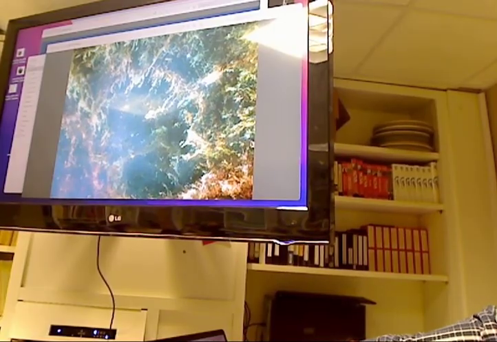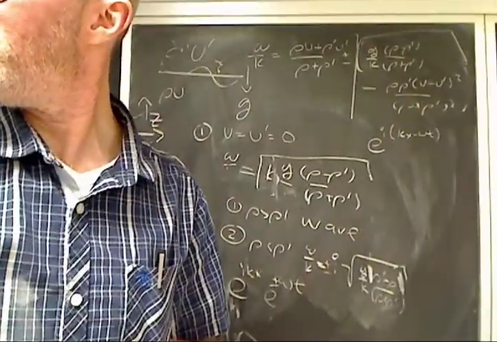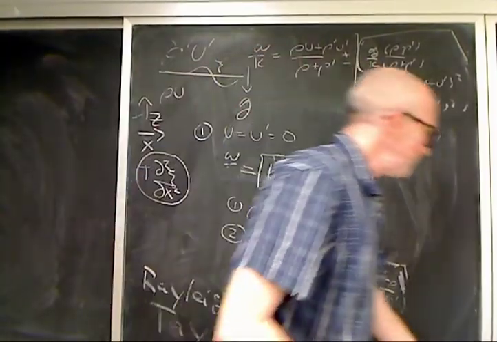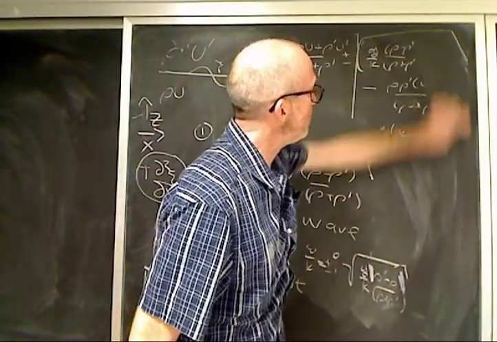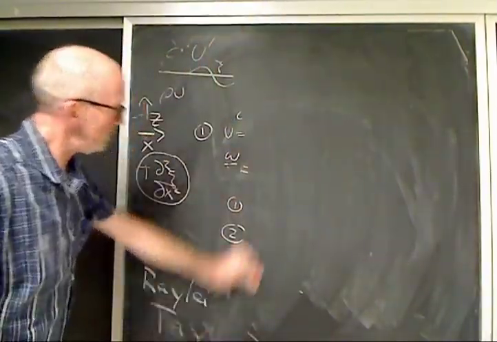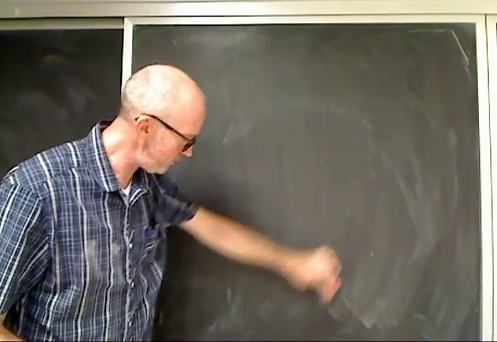Okay, now I'm going to do Jeans. And I ran it a little longer than I intended to. But now I only got 20 minutes. So, Jeans stability is a lot like deriving sound waves.